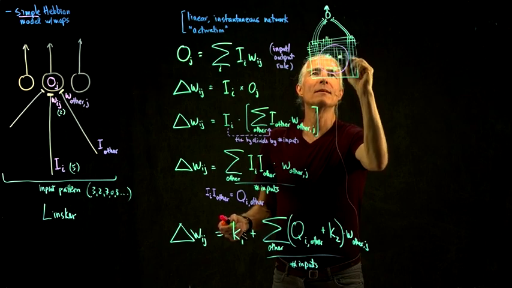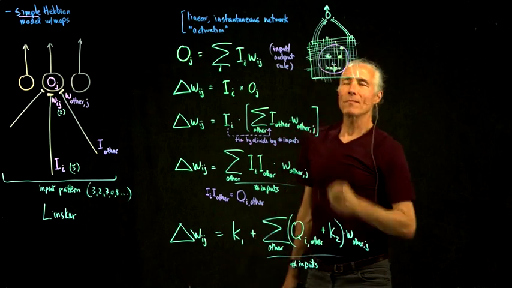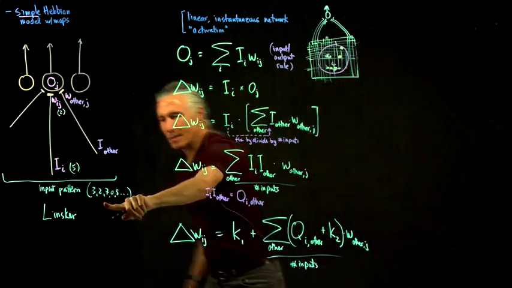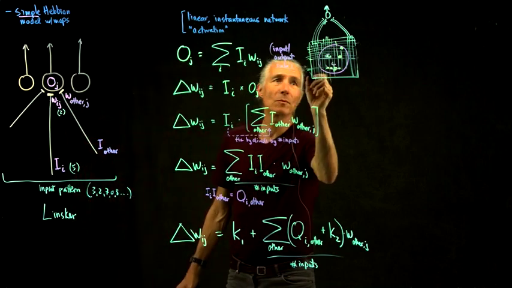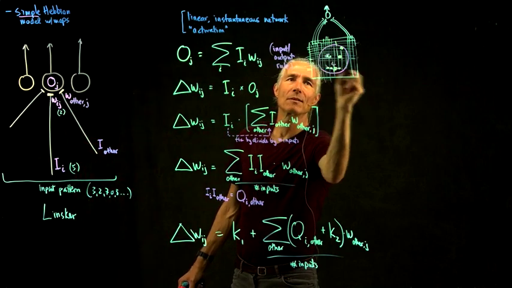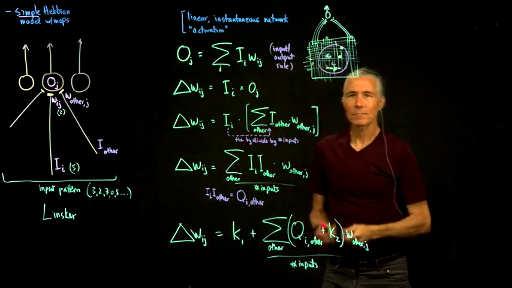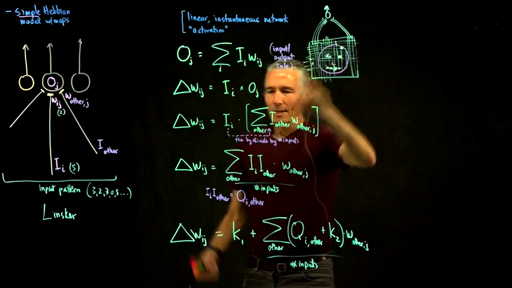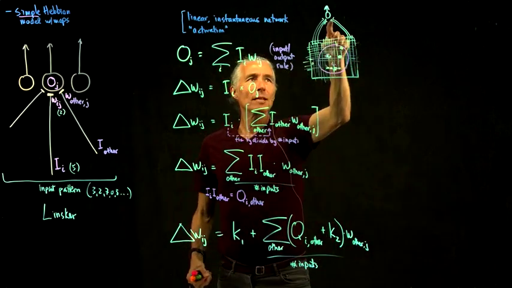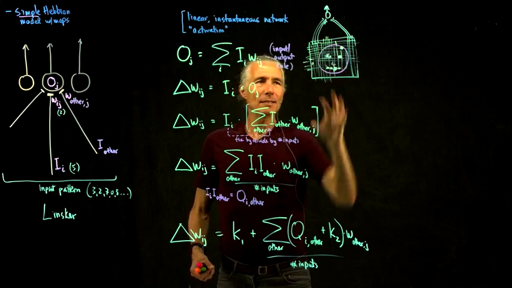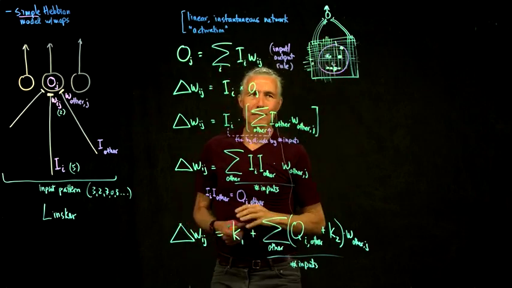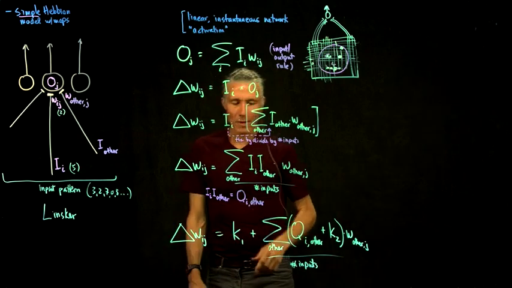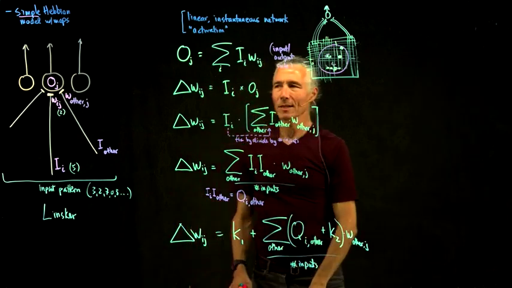Here's the edge of the face, maybe those are on. So you'd have a pattern, that would be this input pattern. You have some numbers across all the pixels. A lot of them would be 0. This one out here would be 0, it's just off in the background. And then what you do is you just run this equation and change all those weights. And then stick another face on, run this equation, change all the weights. So it's a very simple model, the simplest model we could possibly think of.